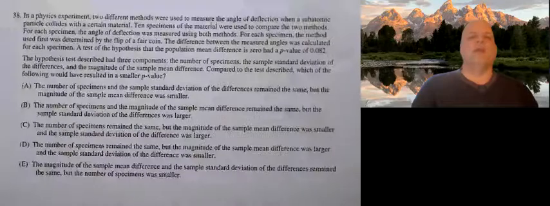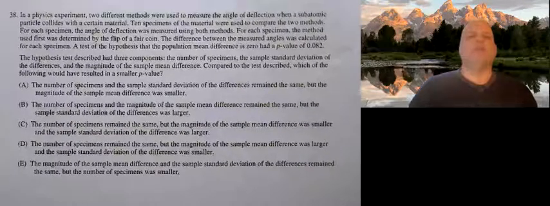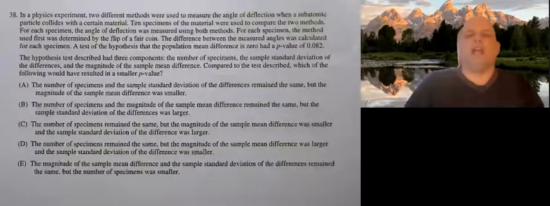38. In a physics experiment, two different methods were used to measure the angle of deflection when a subatomic particle collides with a certain material. I sound smarter just saying that. We know I'm not. 10 specimens of the material were used to compare the two methods. For each specimen, the angle of deflection was measured using both methods.